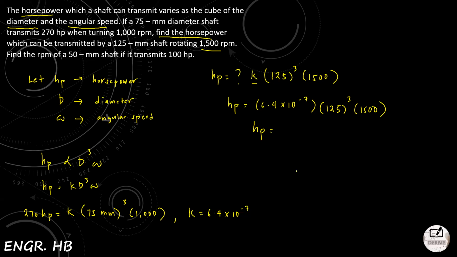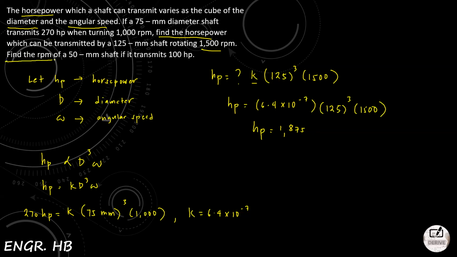So 6.4 times 10 raised to negative 7 times 125 cube times 1,500. So our horsepower here is 1,875.